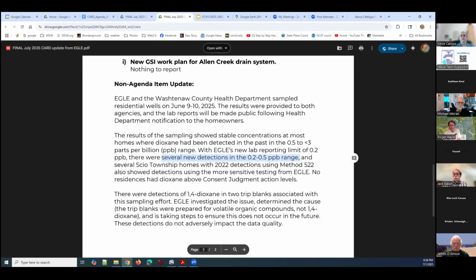Yeah, that's going to be EGLE in their database, so I'm not sure how much influence I have over that. Well, who actually did the sampling? Washtenaw County does the sampling. Okay, so you have a role in it because you have the addresses. Mm-hmm.